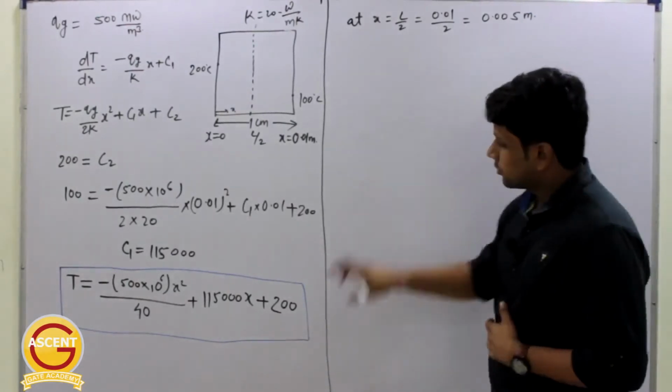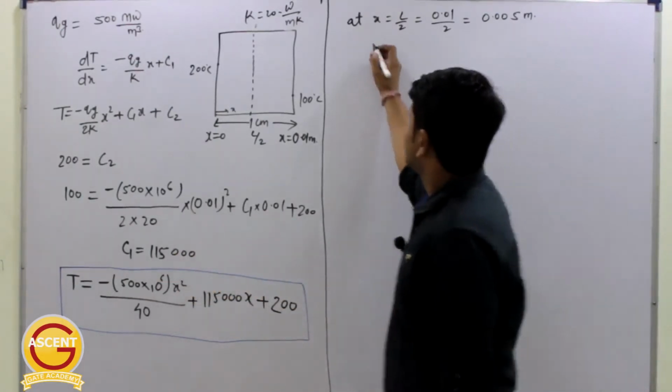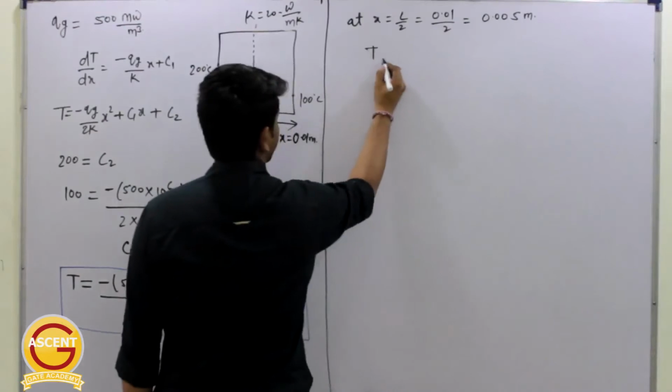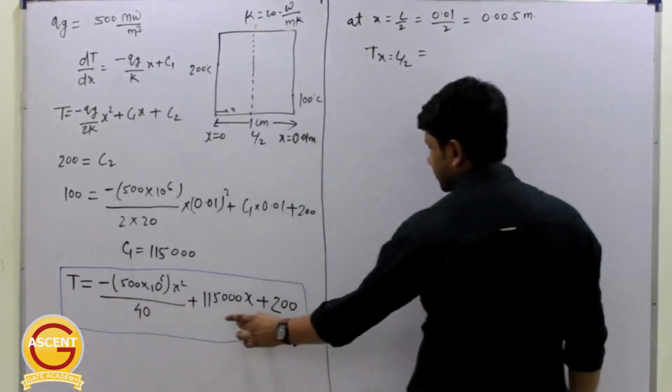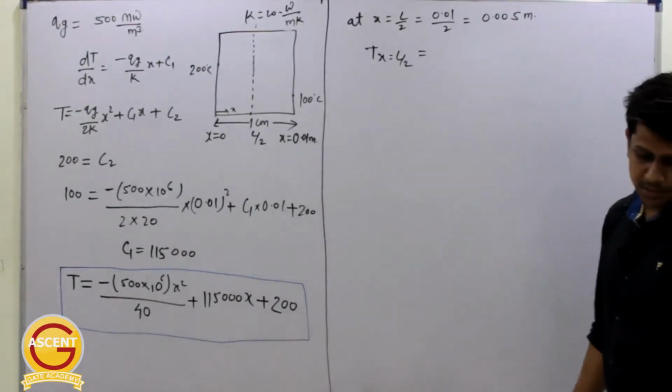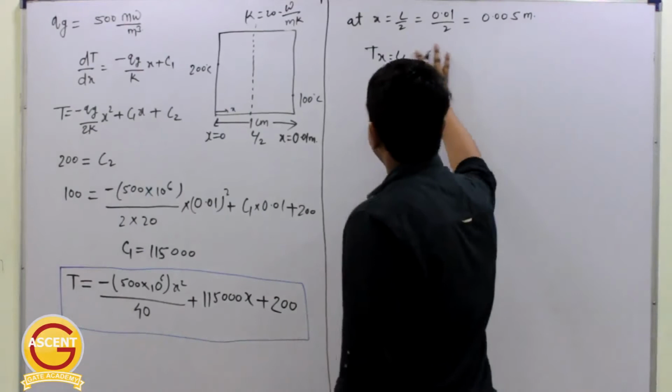Now just put this x value here and you will get the temperature. So temperature at x equal to L by 2, when you put the value in this equation, you will get the answer as 462.5. So let me just put the value.